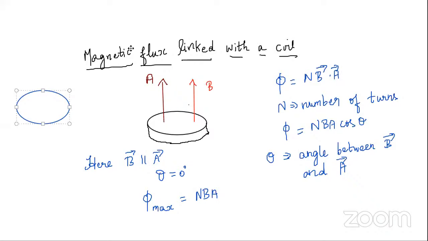You have the magnetic field vector like this. The magnetic field, when it is like this, the area vector will be like this.